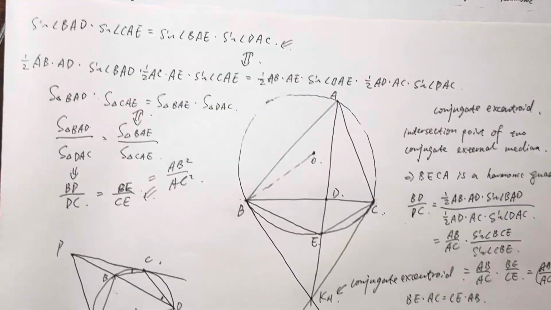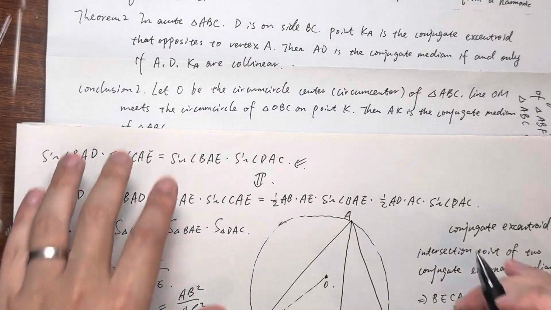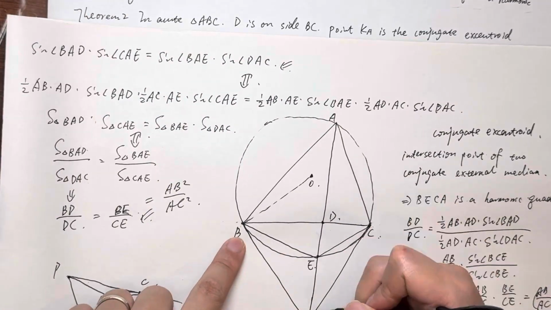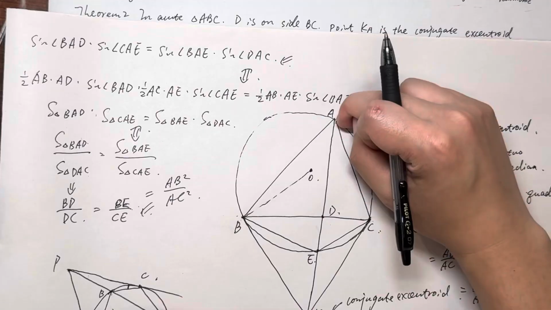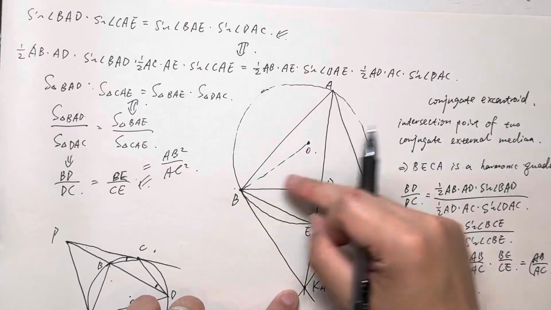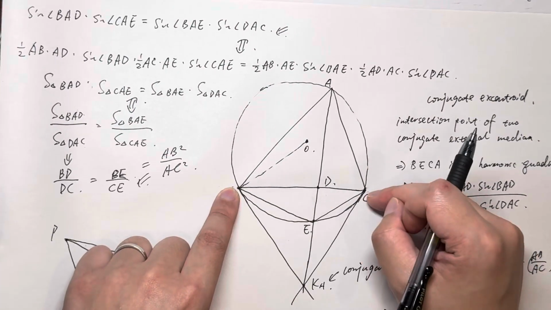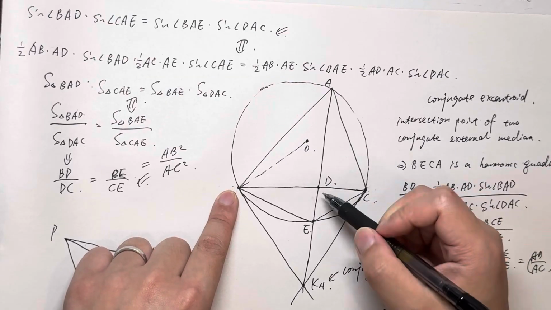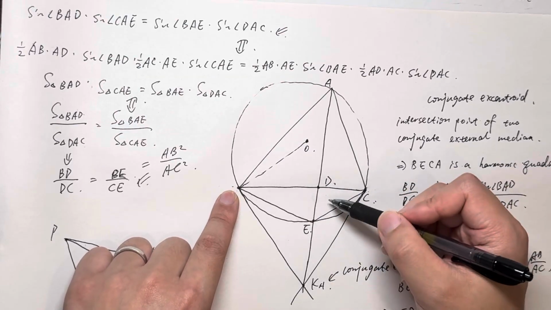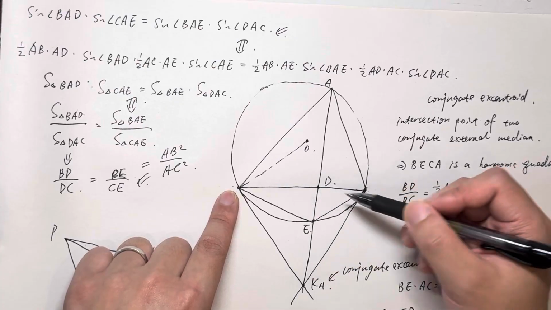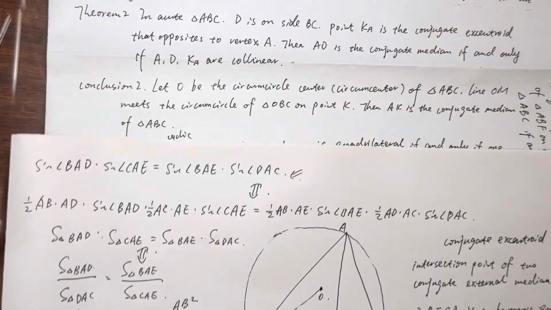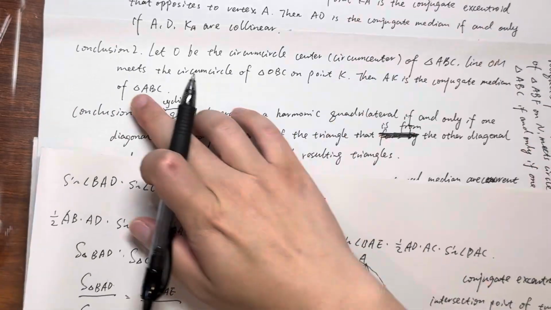So for theorem 2, we just proved it, right? Once we have this AKA connect together and intersect segment BC at a point D, we already proved that this ratio is fixed. So once this ratio is fixed, it is a conjugate median.